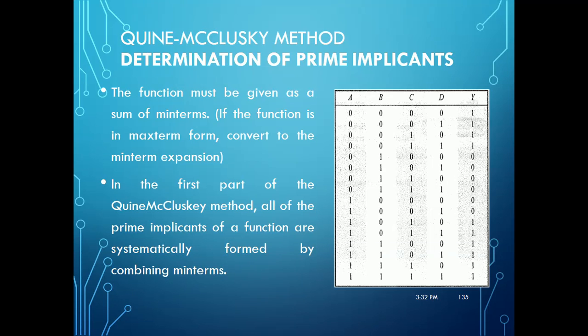So here you can see that there are certain min terms. It is a 4 variable truth table with the output variable they have written here, that is y. The min terms start with 0: min term 0, min term 1, min term 2, min term 3, and it goes on up to min term 15.